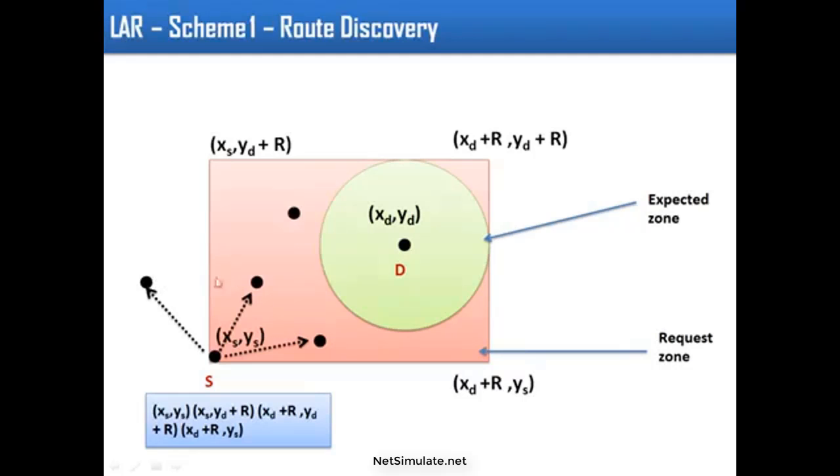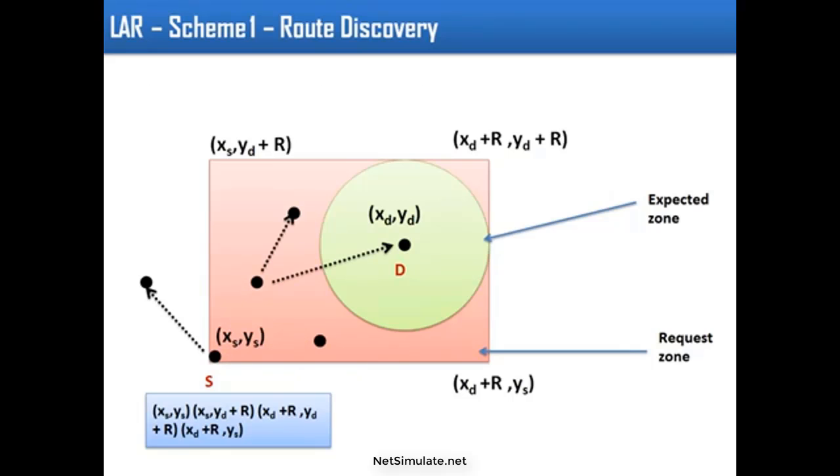Now every node has information about its own location, its own coordinates. So this node will check whether its coordinate lies in the request zone or not. In other words, whether this node lies in this rectangle or not. Here we can see this node is outside the rectangle. It means this node will not broadcast this message further. But these two nodes are in the request zone, so they can forward.